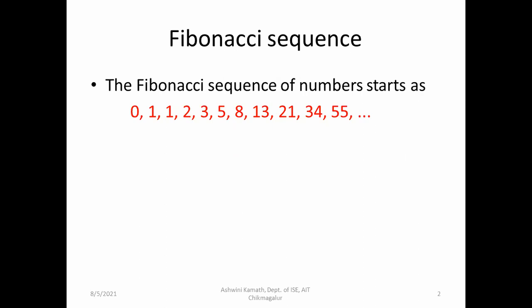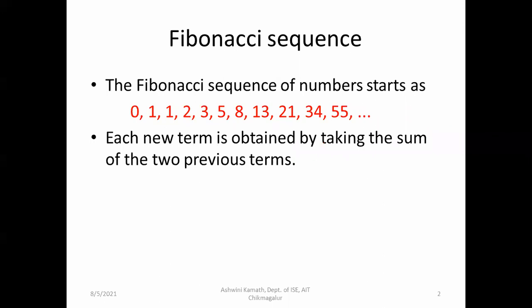So 0 plus 1 becomes 1, that is the third number. The fourth number will be the addition of the second number and third number, so 1 plus 1 is equal to 2. Then 1 plus 2 is equal to 3. It will continue depending on the value of n you have given, right?